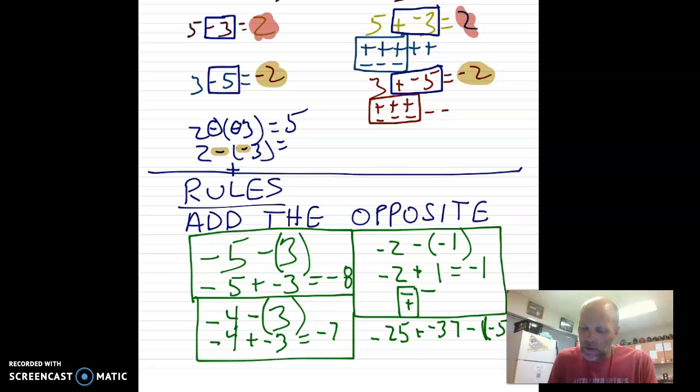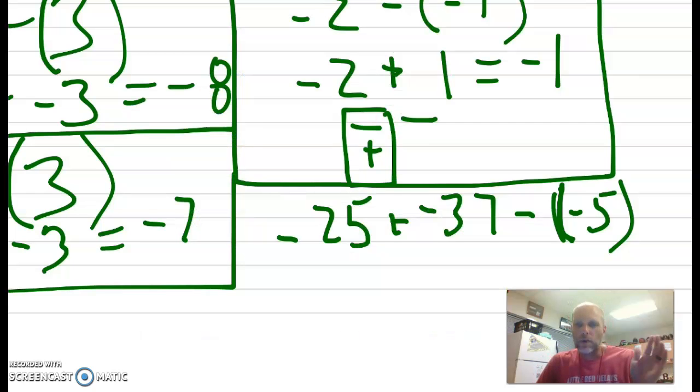Minus a -5. Okay? Remember, from order of operations, when you're adding and subtracting, it doesn't matter what the order is. You just go from left to right, like you're reading a book. Let's see here. I guess for y'all it would be from here to there, left to right.